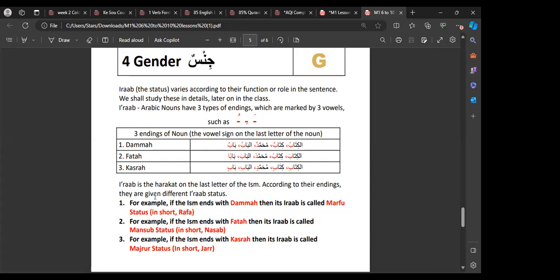Sister Rima, any questions on this topic, on lesson 9? She responded saying Alhamdulillah. Okay, we'll move on. I was going to say, just for the benefit of the students, this is an introduction. I think lessons 37, 38, and 39. So where are we now? Lesson 9 and 10, right?